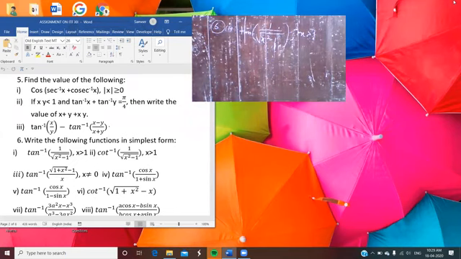You know the identity sec square x minus tan square x is equal to 1. Or you have the identity cosec square x minus cot square x is equal to 1. So cosec square x minus 1 is equal to cot square x.